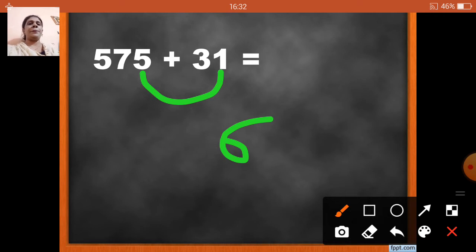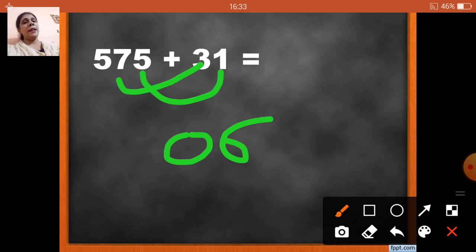So, no carryover here. Now, we'll add tens with tens, that is 7 with 3. So, 7 plus 3 will be 7, then 8, 9 and 10. So, we are going to write 0 here and keep 1 in the mind, but for you I am writing it here.